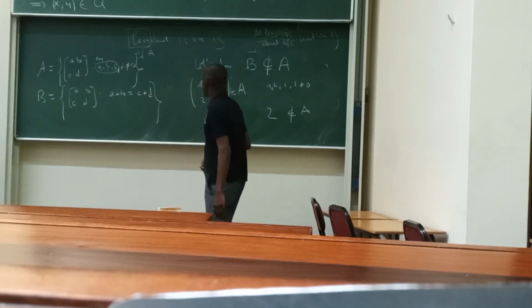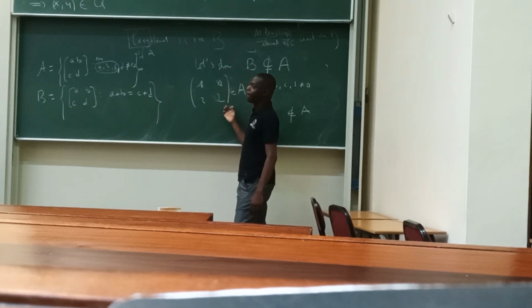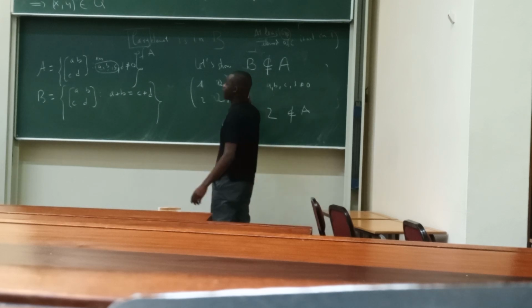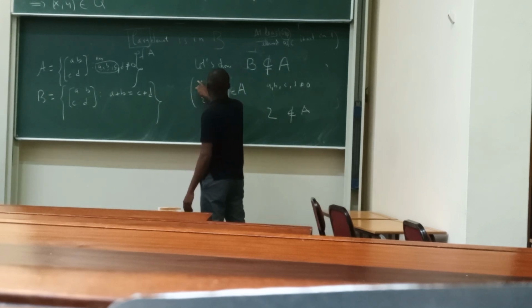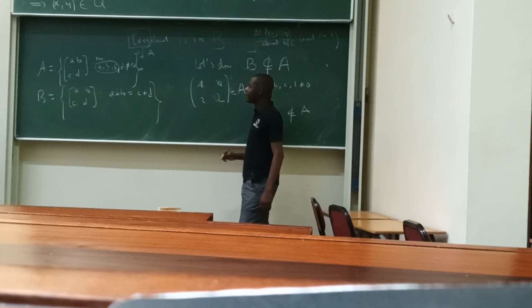If it is like that, then it's an element of A. Why? Because A, B, C could be any number, but especially D has to be different of 0.